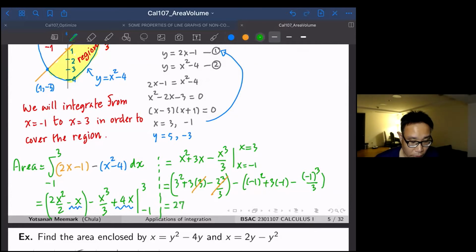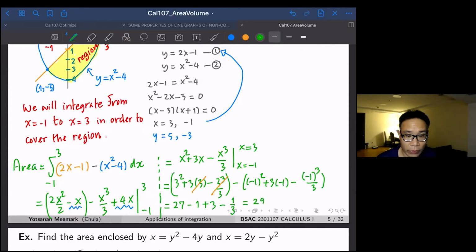And you have -1, and you're going to get plus 3. Right, so it's going to be plus 3. And you're going to get minus, because this one turns out to be -1/3.